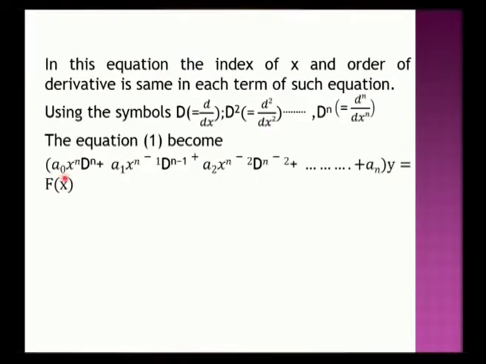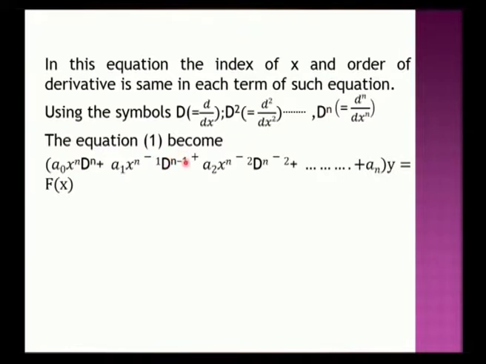If we use these symbols, that Cauchy-Euler equation will reduce to the form a0 x^n D^n + a1 x^(n-1) D^(n-1). The D^(n-1) says the derivative of a function with respect to x, n minus 1 times.